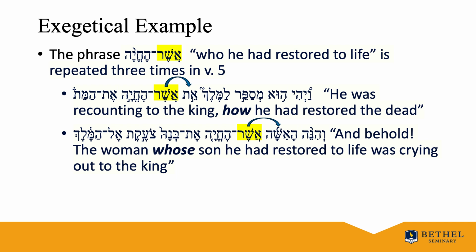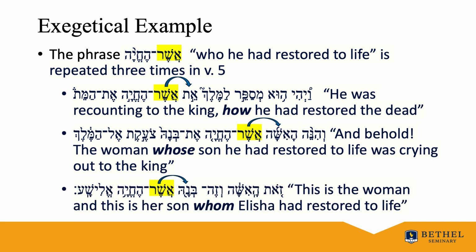But the next time the phrase appears, it is the same sequence. Ha'isha, the woman, asher hecheya. So in this example, we can say, and behold, the woman whose son he had restored to life. So again, the asher is further describing the woman.